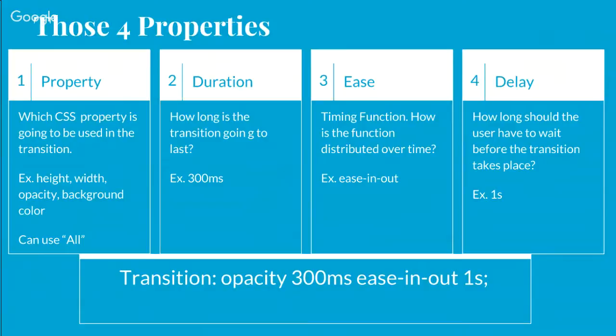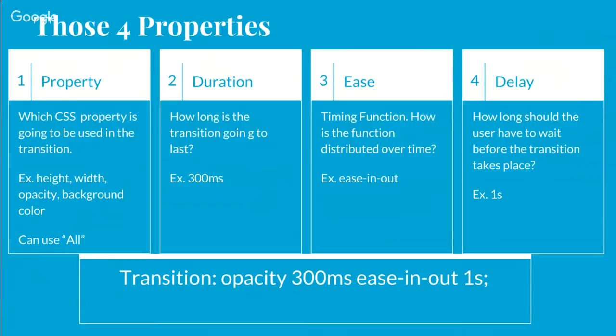And so you just change whatever property you would like. And as a note, if you just want to apply it to everything in that div, you can use the word all for property. So I guess that's pretty nice. The second one is pretty intuitive. You can set it to 300 milliseconds, 500 milliseconds, however you want the transition to last.